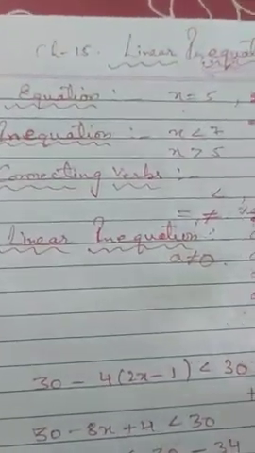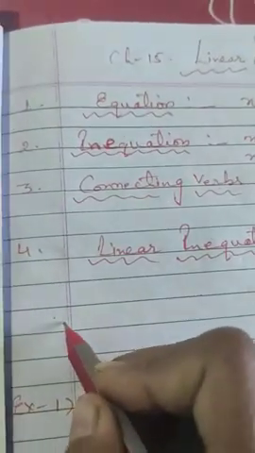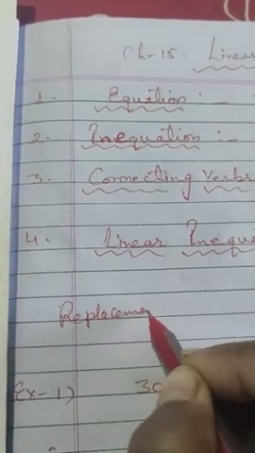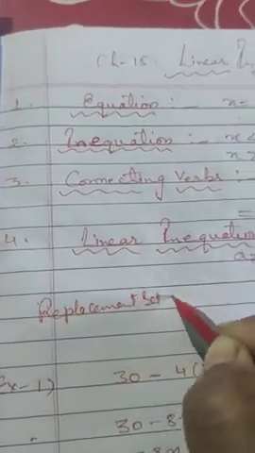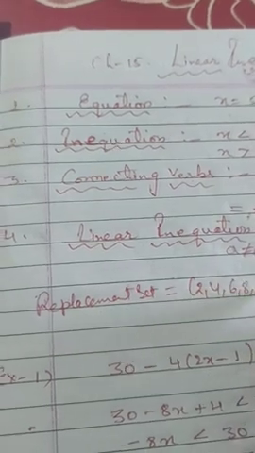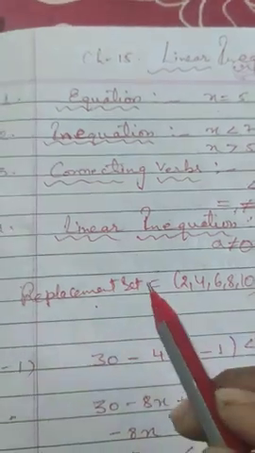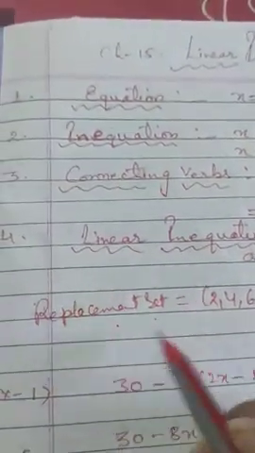Now second is replacement set and solution set. What is replacement set, children? Suppose I am taking a replacement set 2, 4, 6, 8, 10. First of all understand, replacement set is also known as universal set.